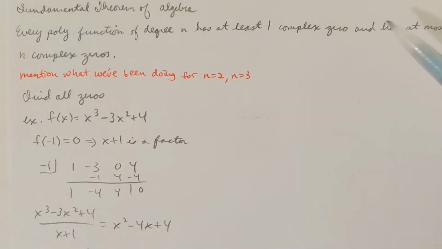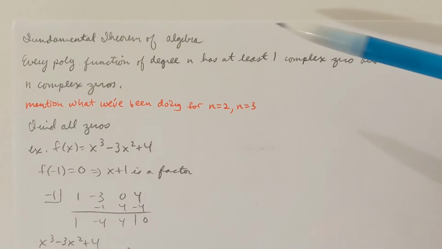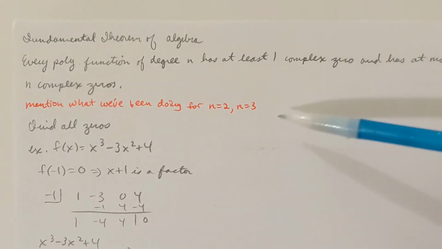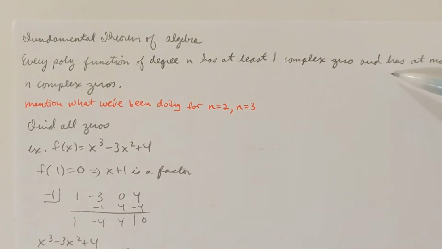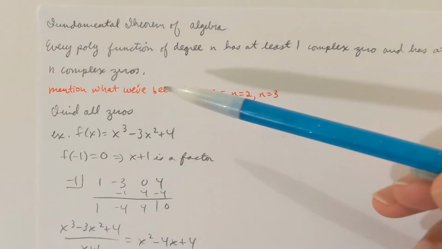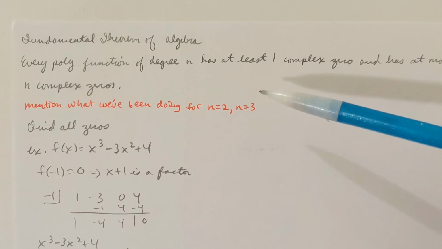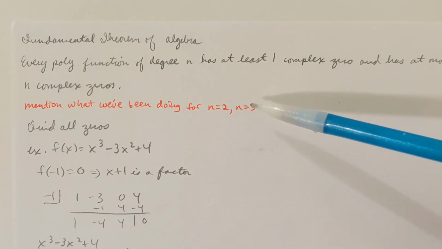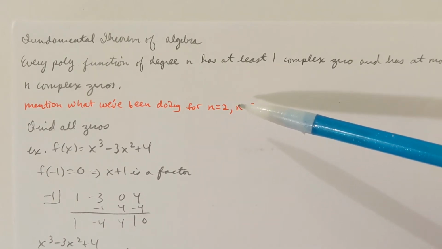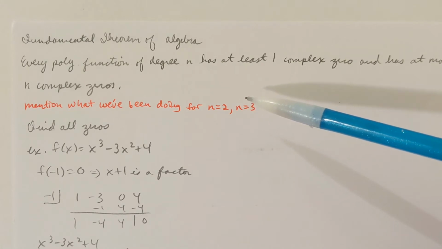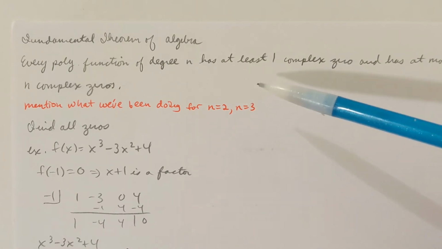Okay, so let's go to this fundamental theorem of algebra. Every polynomial function of degree n has at least one complex zero and has at most n complex zeros. For example, suppose n is 2. Okay, so you've got a quadratic equation. Well, a quadratic always has 2 zeros. Always. You might have 2 different numbers. You might have the same number that repeats, but it repeats.